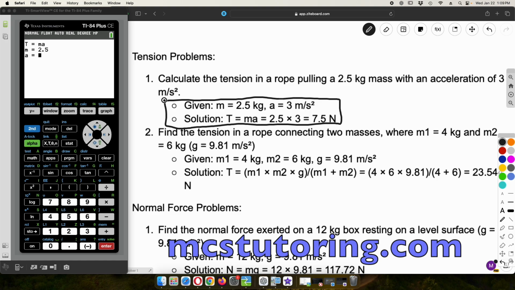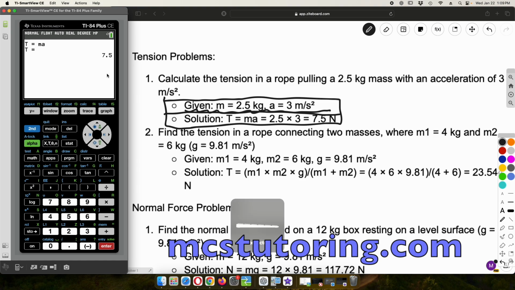This part is, I'm going to underline this. We're going to write the given. That's usually a good idea. Again, just to kind of clarify your thinking. And the acceleration is 3 meters per second, so we're going to put 3 there. And it gives us the formula, so you could write that on your paper. And then the tension is 7.5, so 7.5 newtons. There we go, we're on the right track.